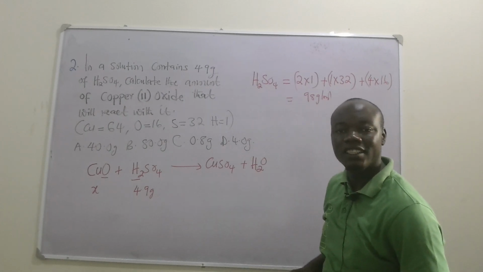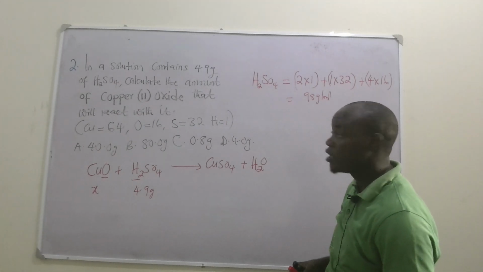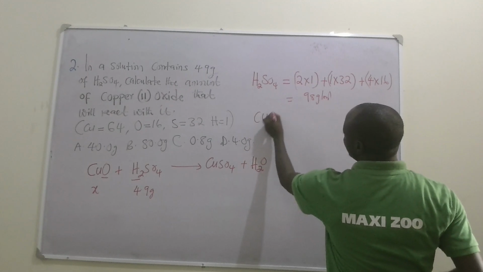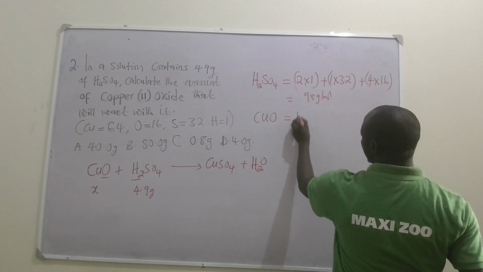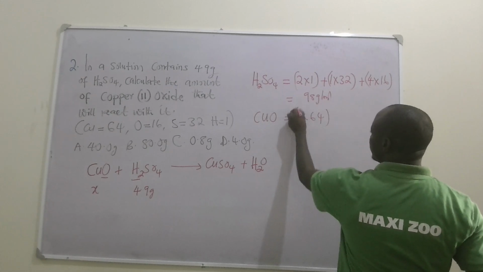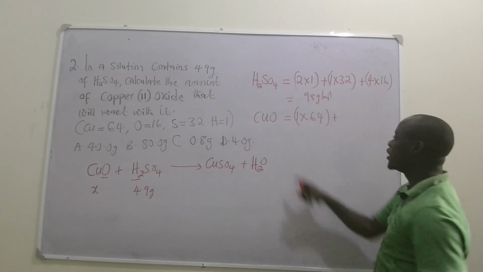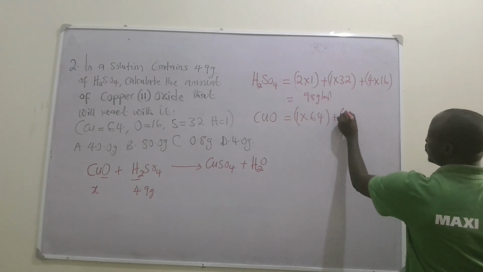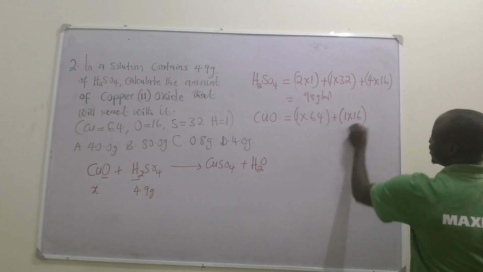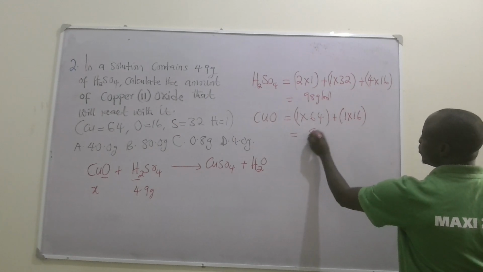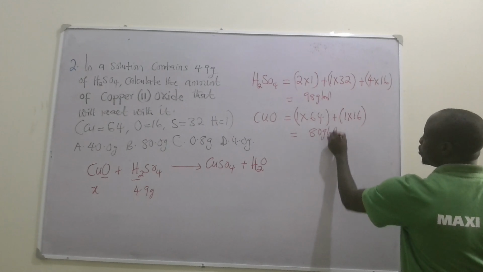And then the next thing is, of course, the molar mass of copper oxide. So copper oxide is equal to, we have 1 copper, so 1 times the molar mass of copper, which is 64, then the next one is oxygen. The molar mass of oxygen is 16, and we have only 1, so 1 times 16. So 64 plus 16 is going to give us 80 grams per mole.